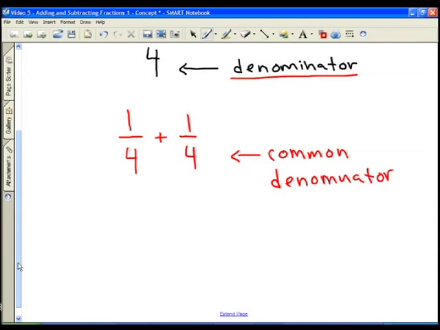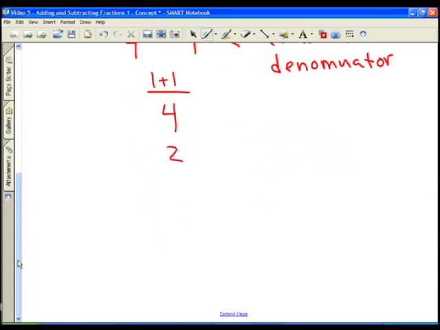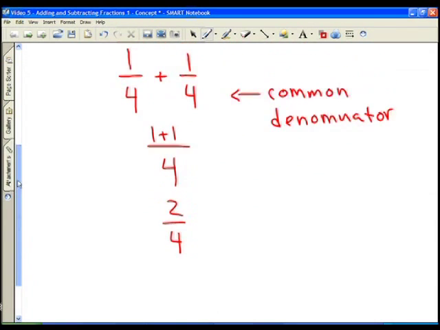Once the denominator of a fraction is the same, then we simply rewrite the denominator, and then we perform the operation on the numerator. Because the denominators are both 4, the numerator of the combined fraction would then be 1 plus 1, over 4, or 2/4.